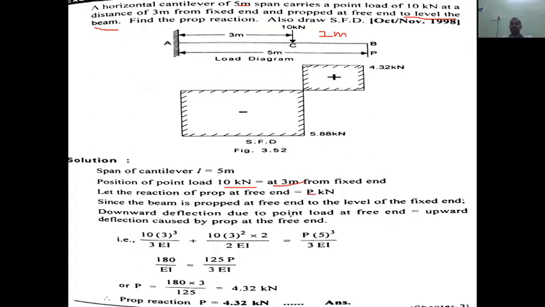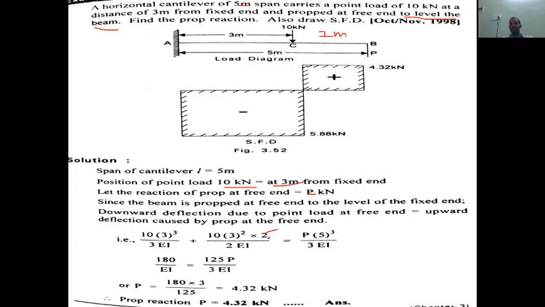Since the beam is propped at the free end to the level of the fixed end, we first take the downward deflection due to the point load alone. Again, it is an eccentric point load. Therefore, we have the formula WA cube by 3EI plus WA square by 2EI into L minus A. Here W is 10 kilonewtons and A is 3 meters, L is 5 meters, minus A is 3 meters, so 5 minus 3 will come to 2.